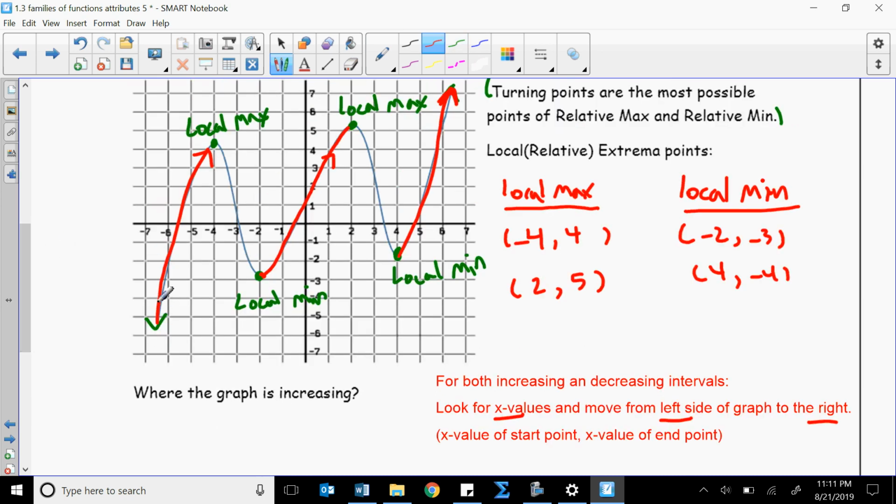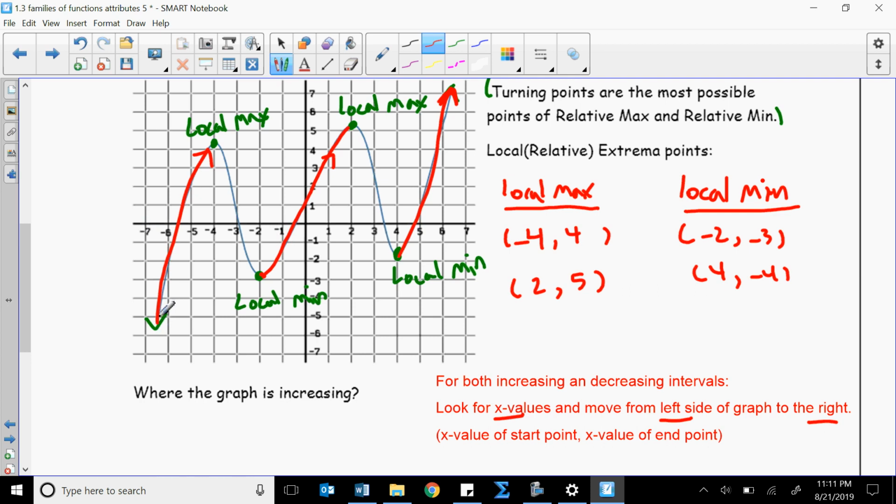For the first section, which is increasing, I move from left to right. Where's the start point of this increasing section? It's here. So I write the x value of this start point. The x value of this start point is not -6 or -7.